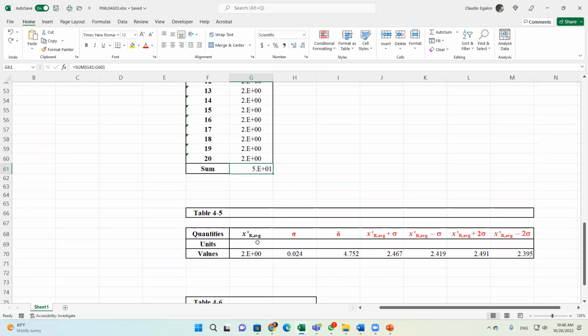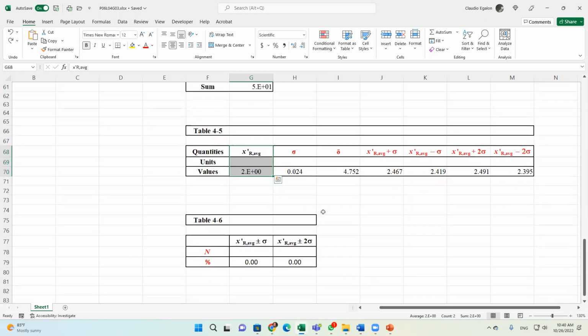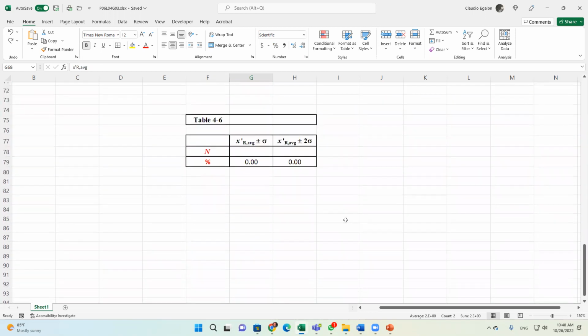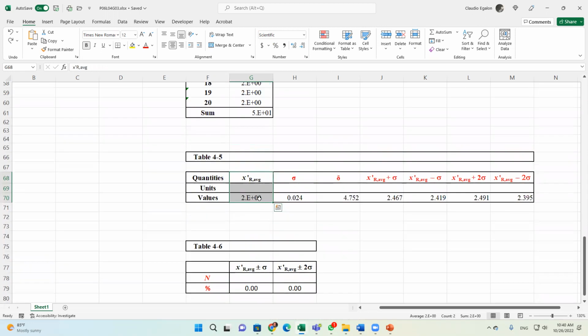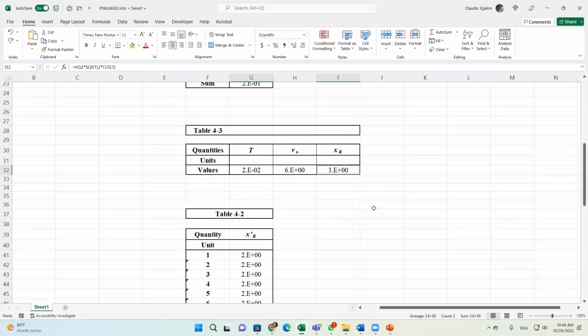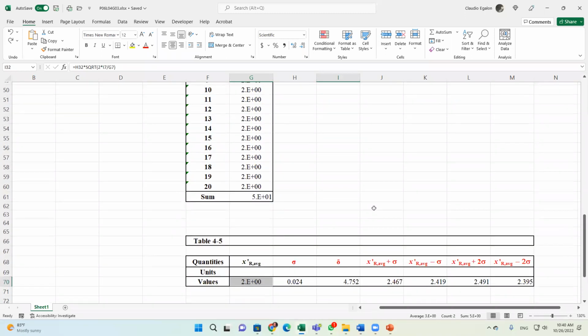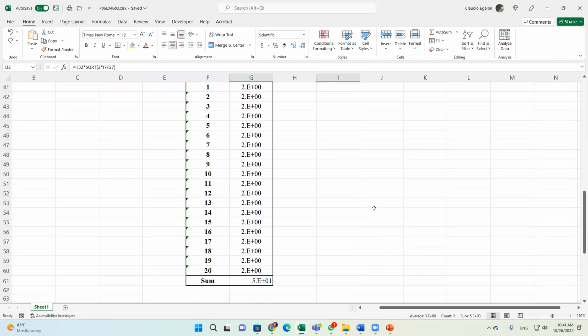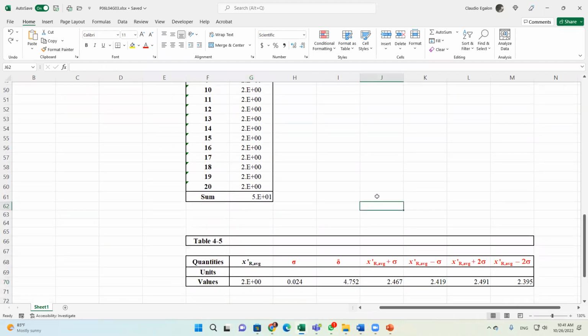From this sum, you get the average value of those measurements. This number here should be close enough to this number here. The prediction should be close enough to the measurements.